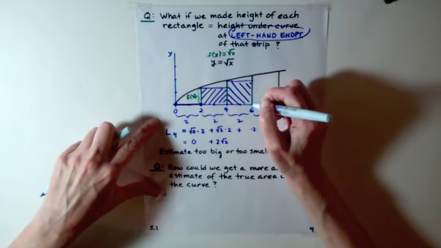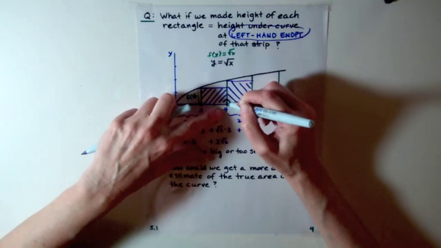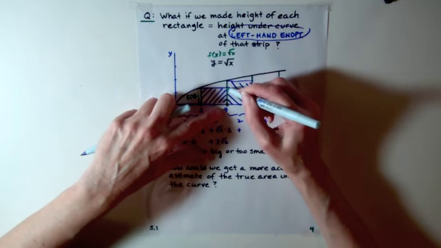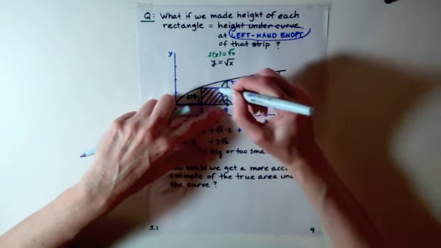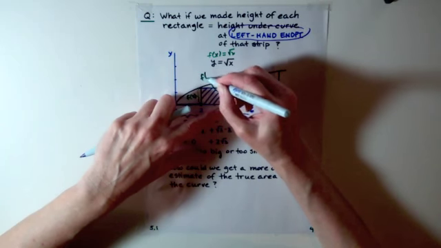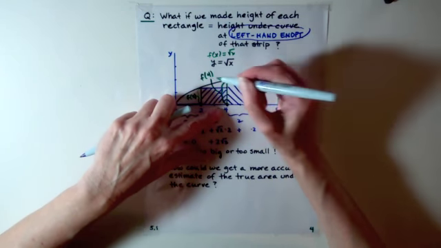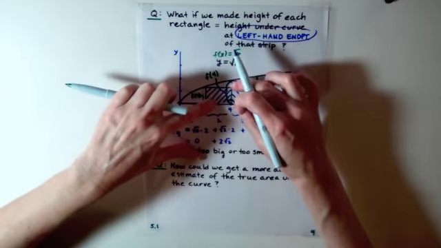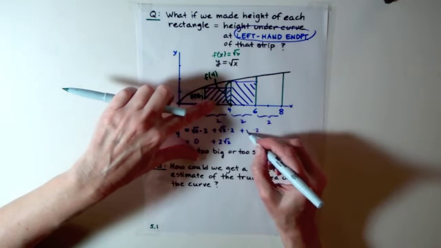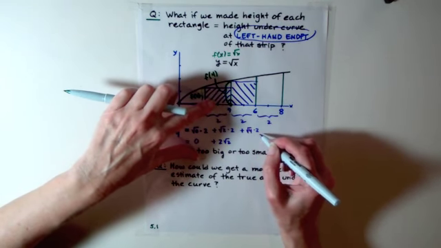Well, the height I get by looking at this height right here. That would be my f evaluated at the left-hand endpoint, which is 4. So I would have a height of f of 4, that's square root of 4 times 2.